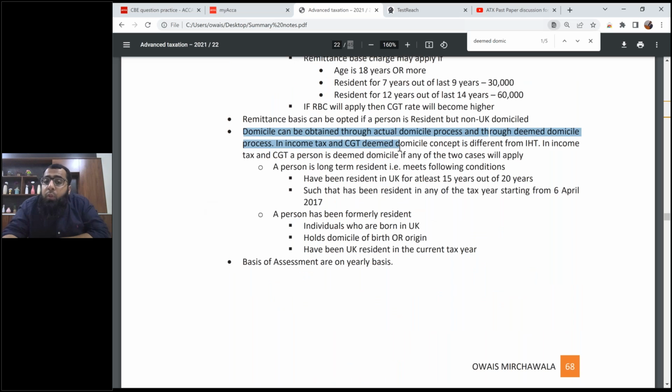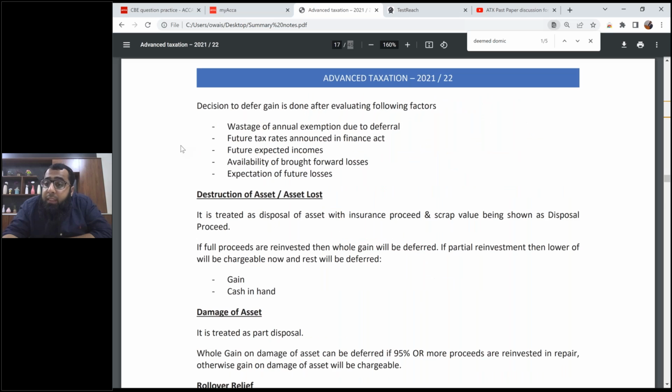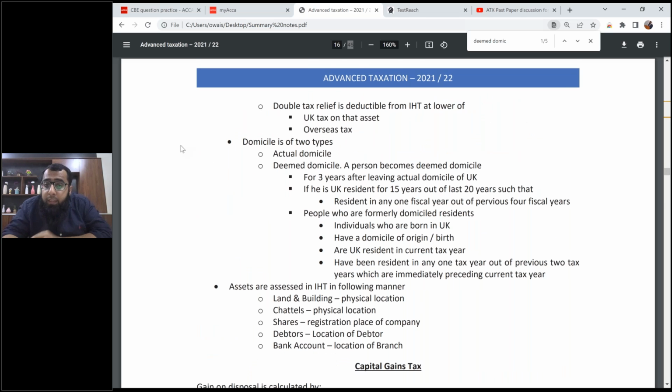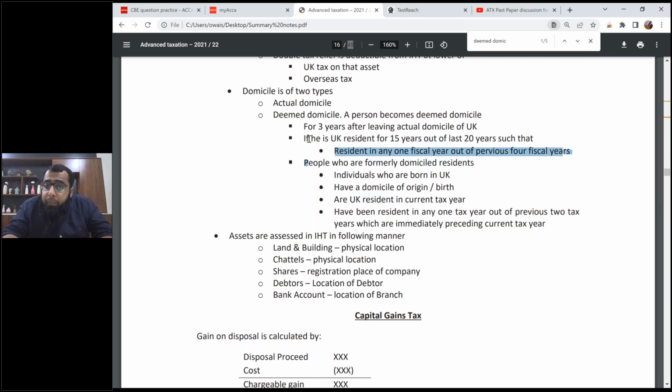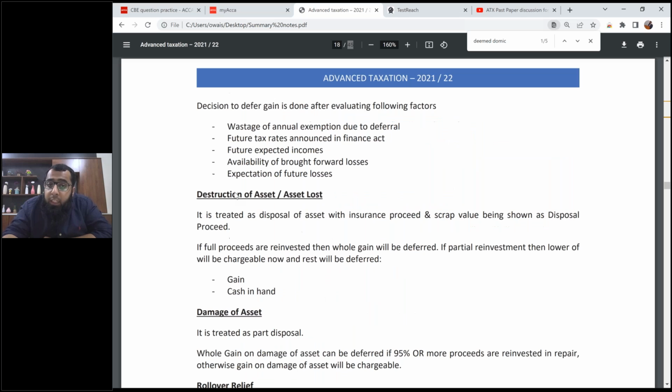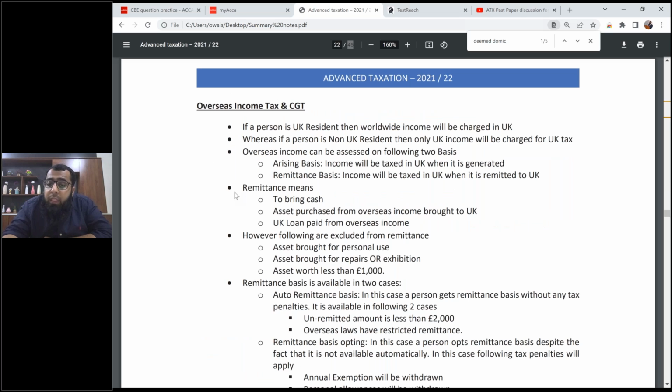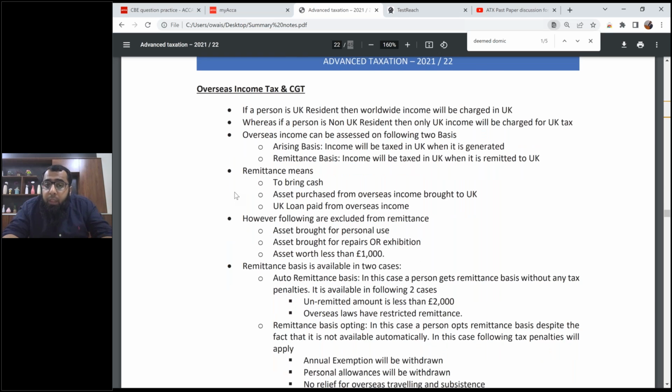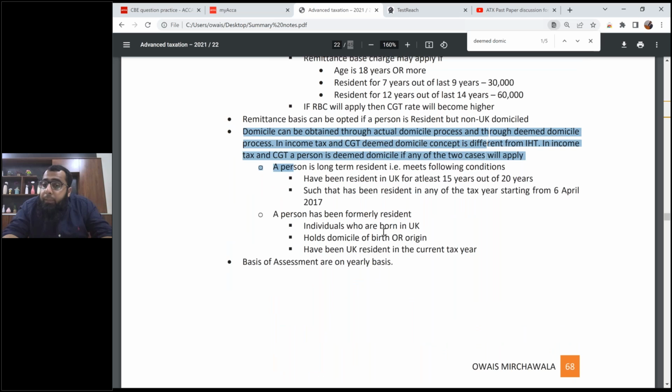It is in both of the concepts. Since currently we were doing IHT, we went to deemed domicile status in overseas IHT. These are the conditions in IHT. When you talk about income tax and CGT, you will go forward in the summary notes, and these are the conditions for income tax and CGT.